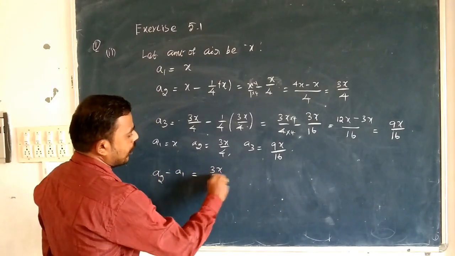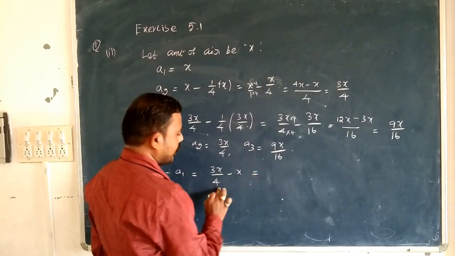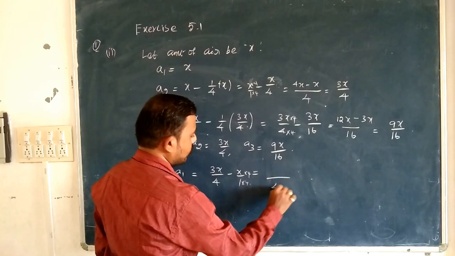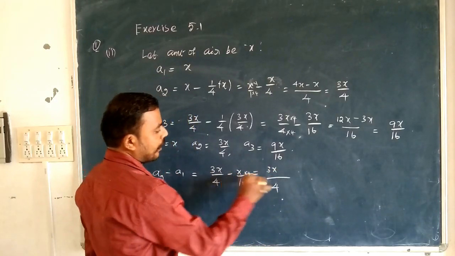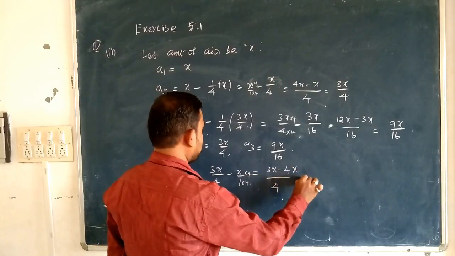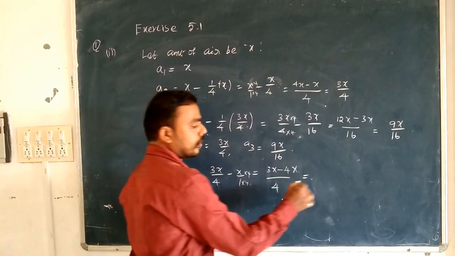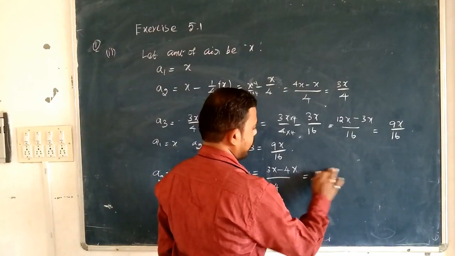So 3x divided by 4 minus x. The LCM is 4, so multiply x by 4 in numerator and denominator. So 3x minus 4x, so 3 minus 4 is minus x divided by 4. Sorry, minus 1 divided by 4.